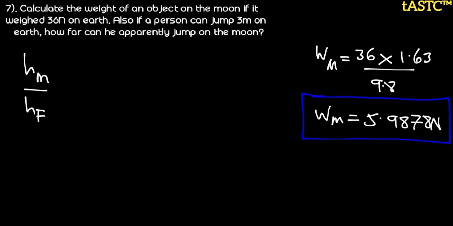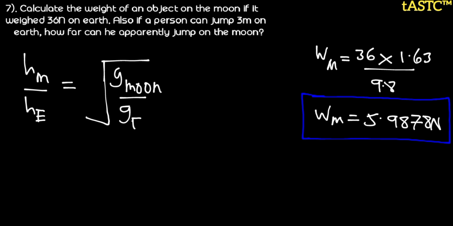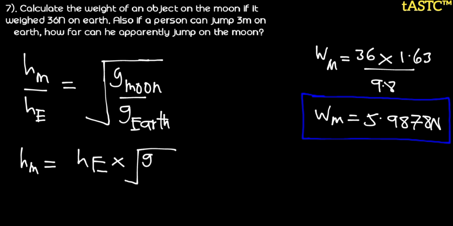And the height the person should be able to jump on Earth, that should be h sub e. This must be equal to the square root of the acceleration due to gravity on the moon divided by the acceleration due to gravity on the Earth. So we need to find what the height will be on the moon. That is h sub m. Now h sub m should be equal to h sub e multiplied by square root of g on the moon divided by g on the Earth.